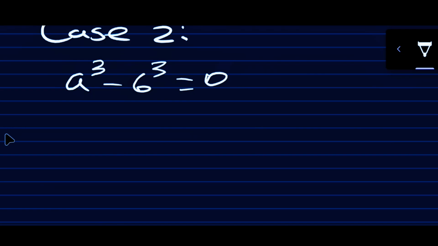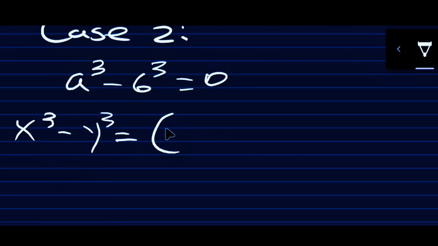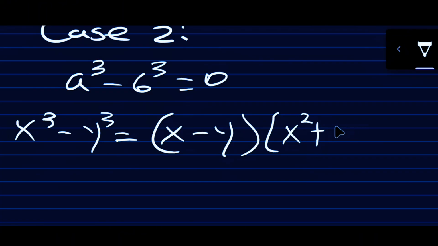So from here, let's remember our algebraic identity. If you have x cube minus y cube, now this equals open parenthesis x minus y, then open another parenthesis x squared plus xy, then plus y squared.